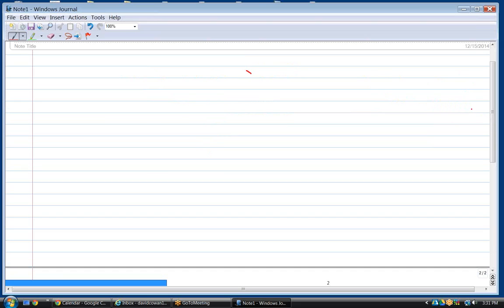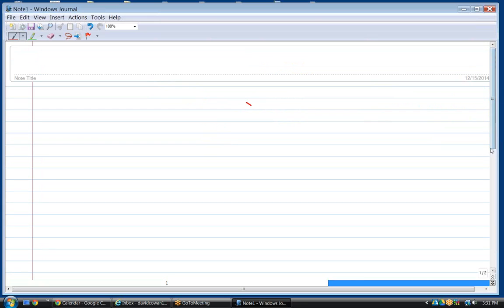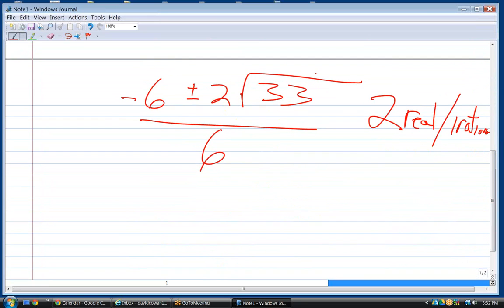In other words, it is irrational because it's the square root of 33. But that is still real. It's not imaginary.